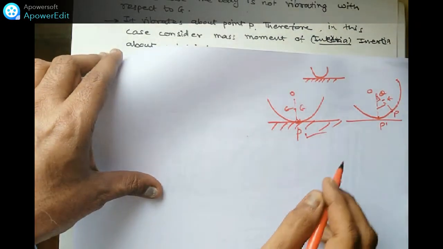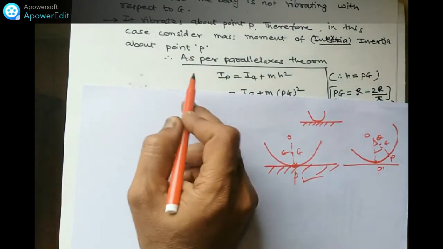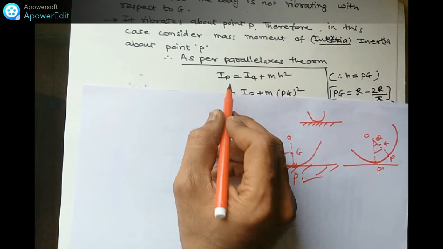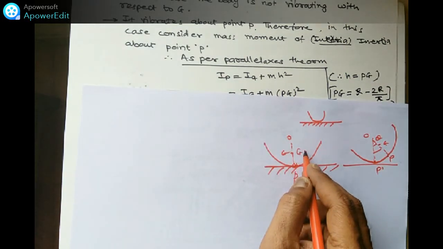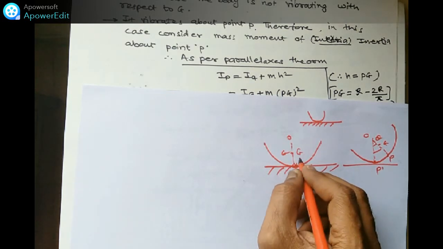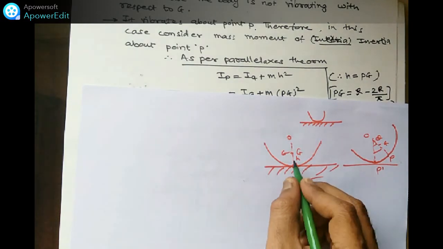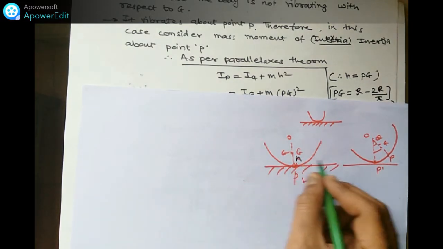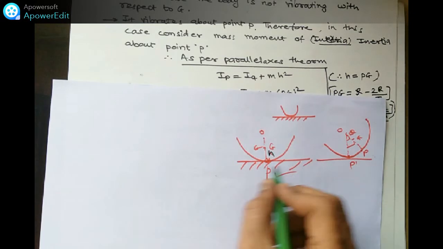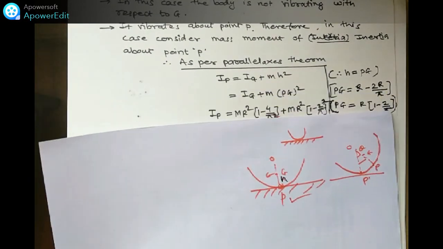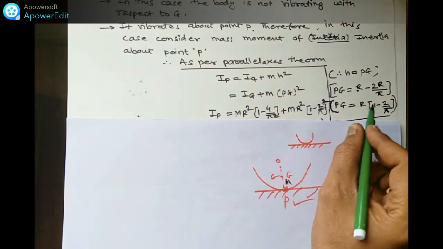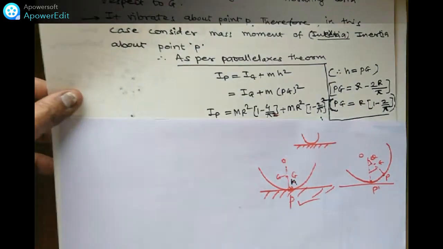As per the parallel axis theorem, this Ip is equal to Ig plus ms square. Here in this case, the value of h is this one, and we can find it using the diagram. I will show you the diagram here.